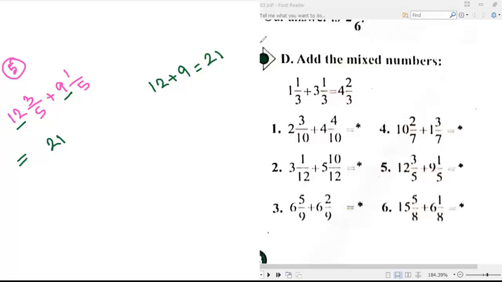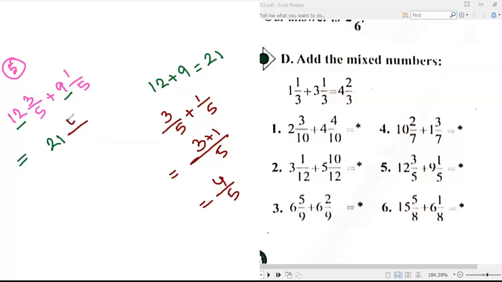Now we have to add the fraction. So 3 by 5 plus 1 by 5. Both denominators are same, so just add the numerator, 3 plus 1. 3 plus 1, that will be 4. 4 by 5. So just add this 4 by 5 with 21. So our answer should be 21 whole 4 by 5.